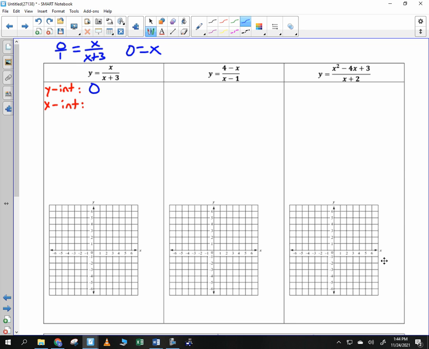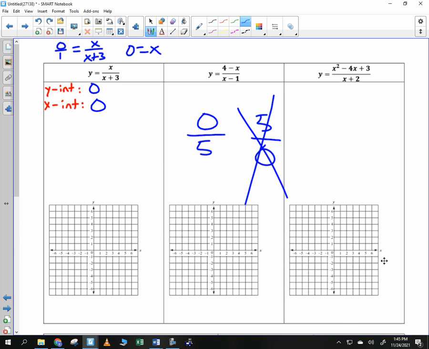Remember, a fraction is equal to 0 when the top is 0 or when the bottom is 0. Which one? That's undefined, right? That's equal to 0. We don't care about the denominator. We're concerned about the numerator. So when is the numerator equal to 0? When it's 0.